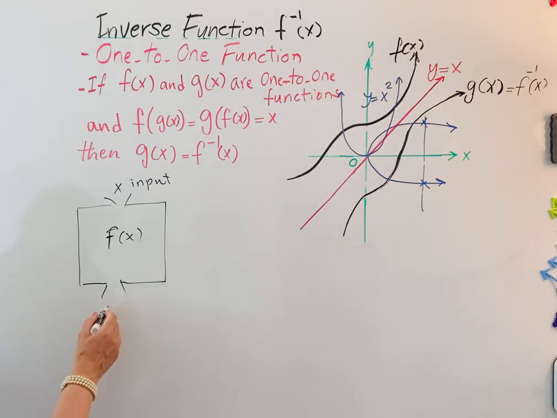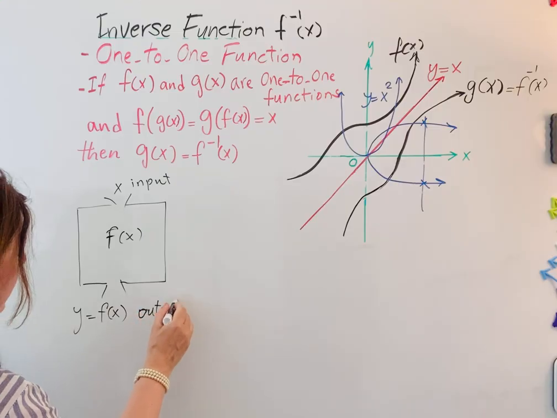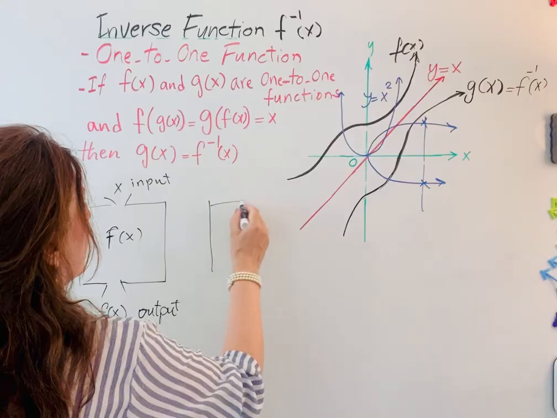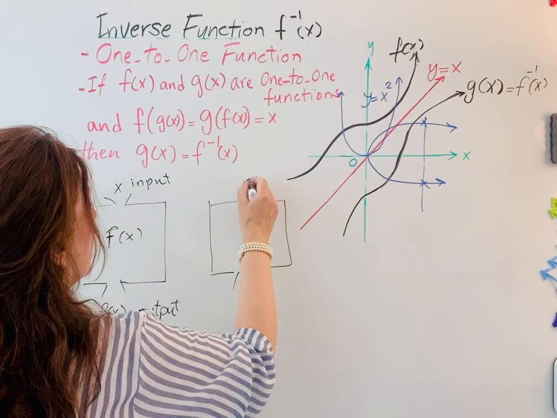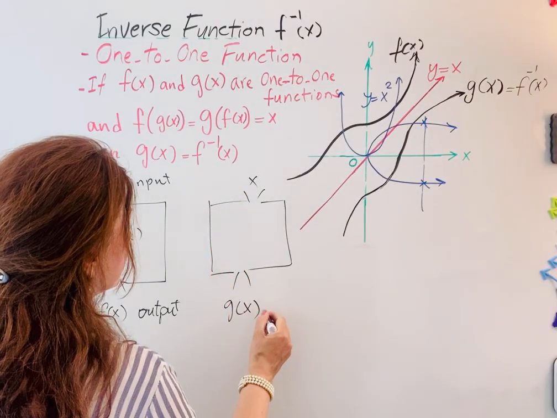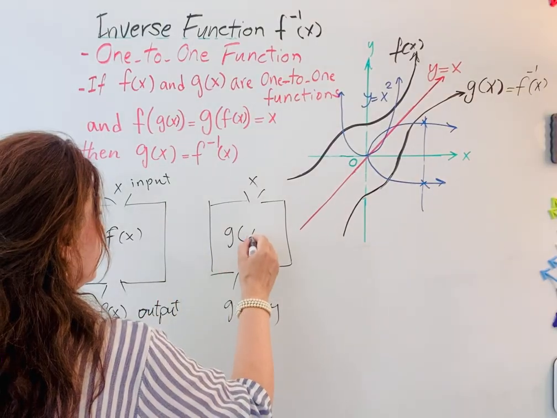The output is f of x or y. How about g of x? If we have another function, the same: x is input, output is g of x or y, right? This is the machine of g of x.